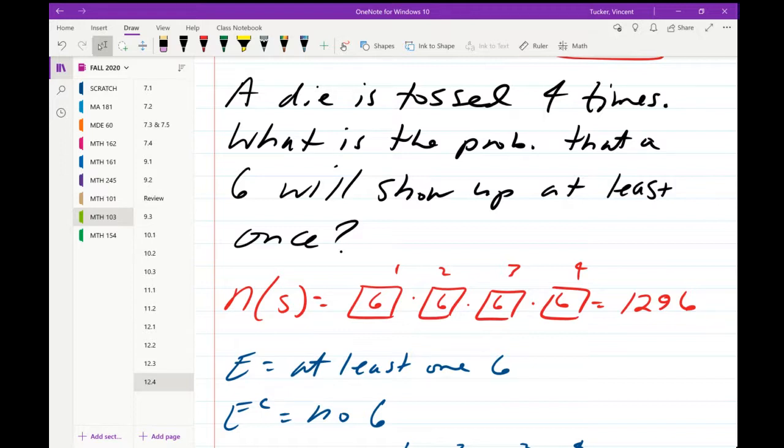Multiply all of those together, you get 1296. So every time I toss the die, not 2 dice, I have 6 possible numbers that could show up. So you multiply the total number of options in each slot.